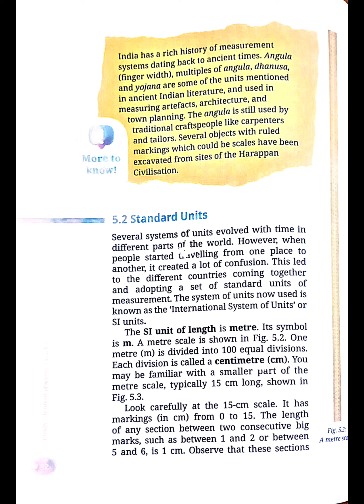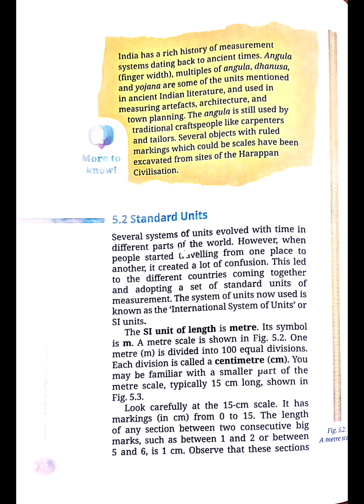You may be familiar with the smaller part of the meter scale, typically 15 centimeter long, shown in figure 5.3. Look carefully at the 15 centimeter scale. It has markings in centimeter from 0 to 15. The length of any section between two consecutive big marks, such as between 1 and 2 or between 5 and 6, is 1 centimeter.